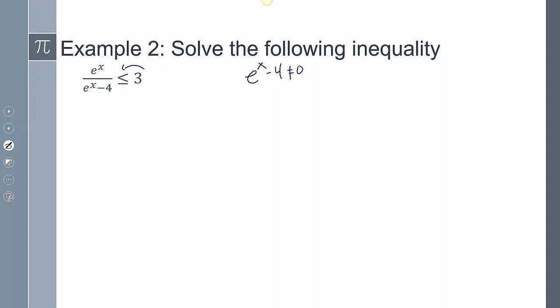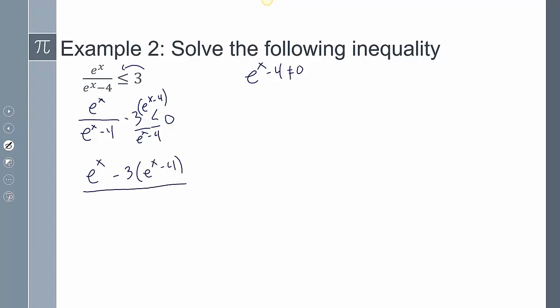So I need to bring the 3 over there. So I get e to the x over e to the x minus 4, minus 3. Now combining things together, this needs an e to the x minus 4 over e to the x minus 4. And so now I get e to the x minus 3 times e to the x minus 4, all over e to the x minus 4. So I just found the common denominator and combined them together.